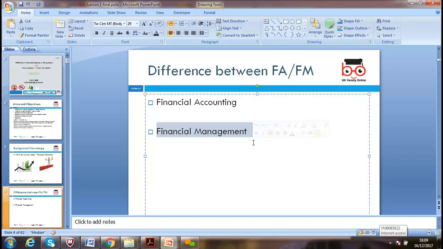They do not make the decisions. Financial management makes the decisions: where we will borrow money, how much we will borrow, where we will buy stock, how much stock we will buy, and whether it is financially sound to invest in any particular project. That's all about financial management.